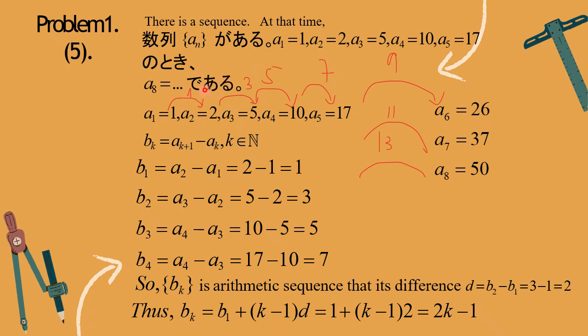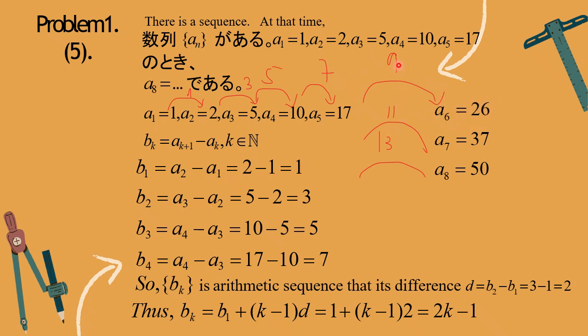Whenever it comes to the next term, we need to add the next number in that arithmetic sequence. So here 1, 3, 5, 7, and then we add 2, it's 9. So we need to add another 9 to a5 to have a6, so it becomes 26.